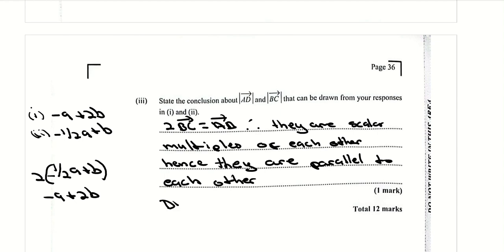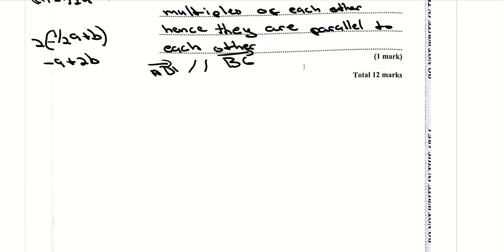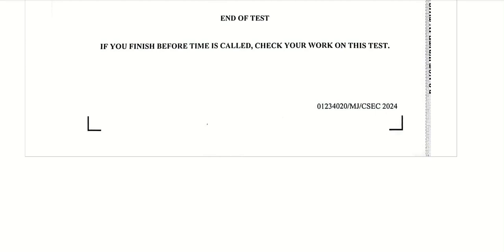In other words, vector AD is parallel to BC. Right, and that is how you would do number 10 of May, June 2024.